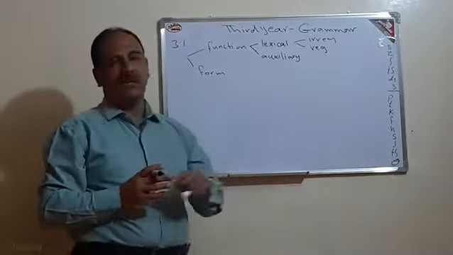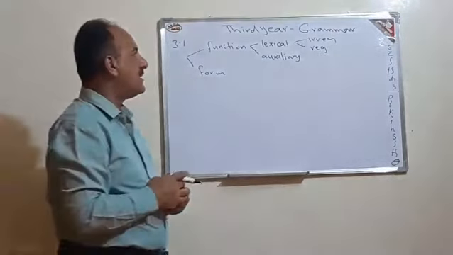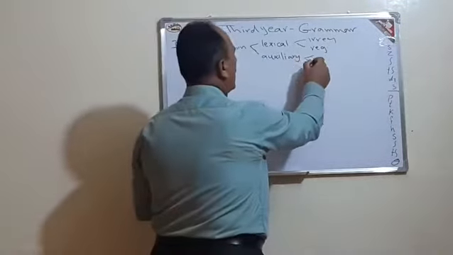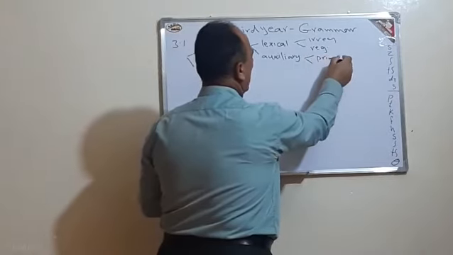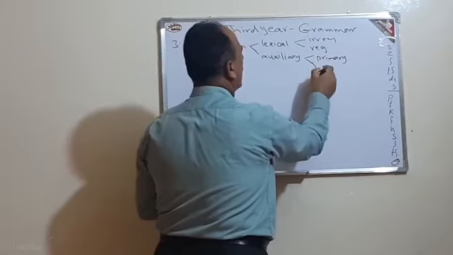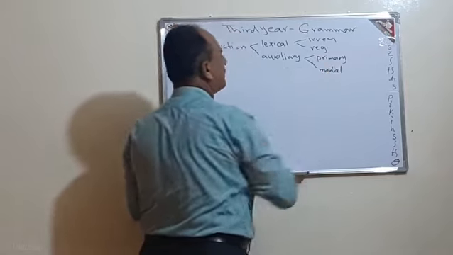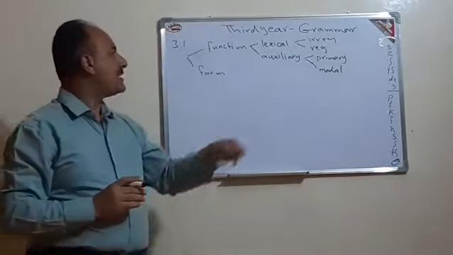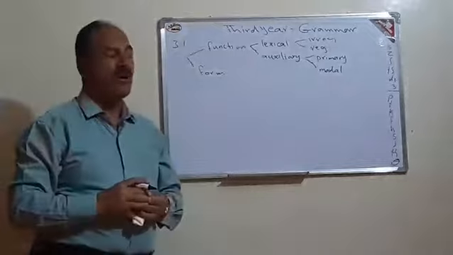If we come to the auxiliary, we have two types of auxiliaries. The first type is what we call the primary, and the second one is what we call the modal. The primary means the primary auxiliary, and the second one is the modal auxiliary.